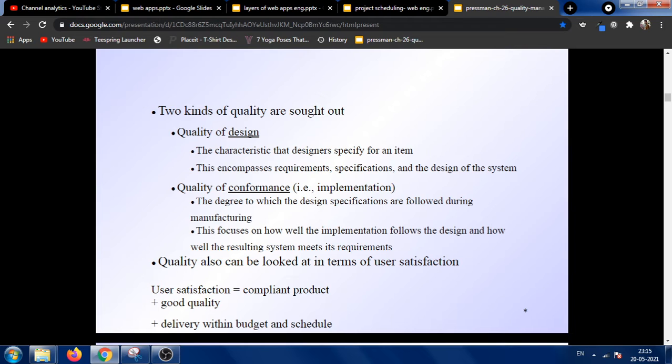Once the requirements analysis is perfectly done, they go for the design. There, the design should be of proper quality. When the quality is confirmed in the design, naturally we can confirm the quality in the implementation also. So here, the characteristics that designers specify for an item encompass requirements, specifications and the design of the system.